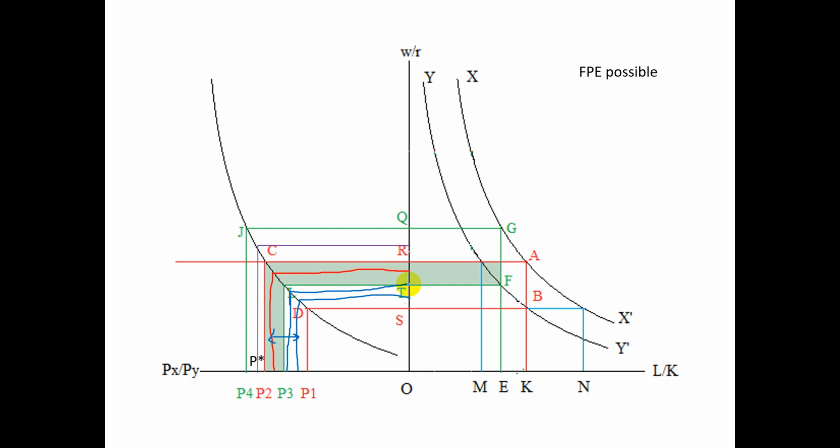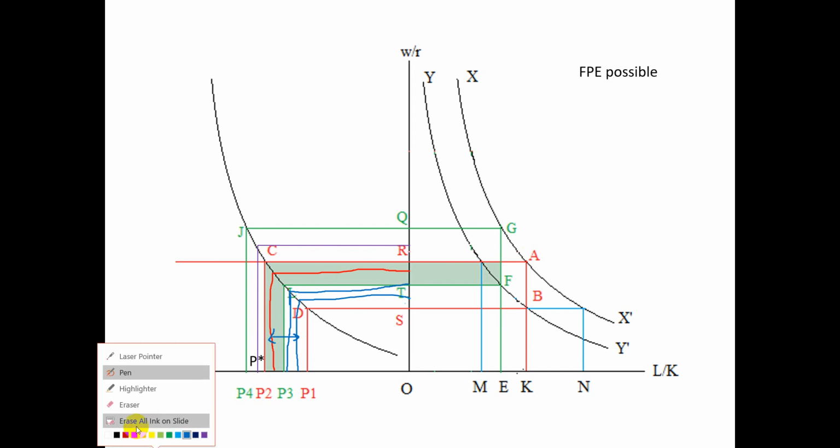So although we started from a case where the factor price ratios and the commodity price ratios are different, after trade, when commodity price ratios are equalized, factor price ratios will also be equalized. So the factor price equalization theorem will be holding true.